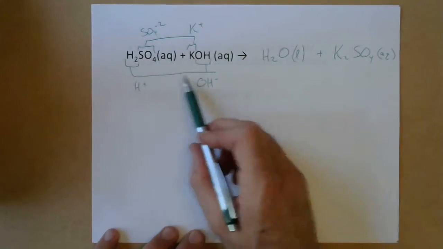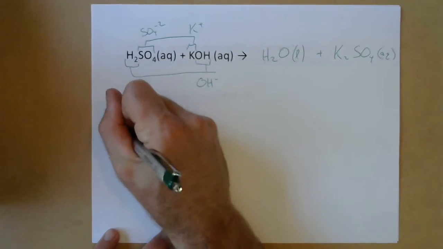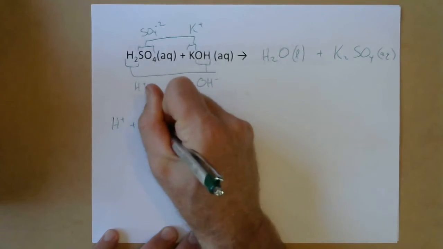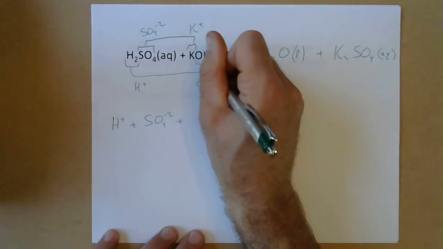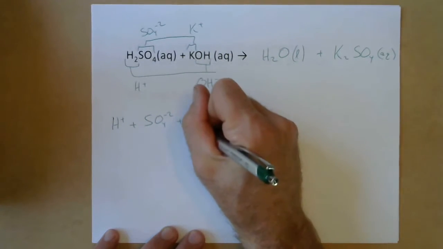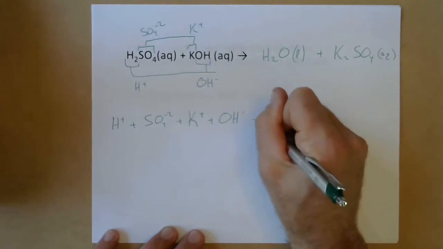All right, now we can write out the whole thing as an ionic equation. So we have hydrogen ions, we have sulfate ions, potassium hydroxide, so that's potassium ions and hydroxide ions.